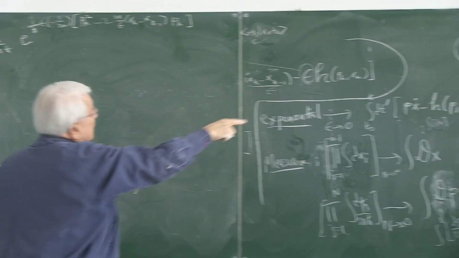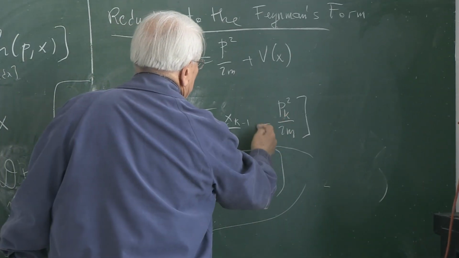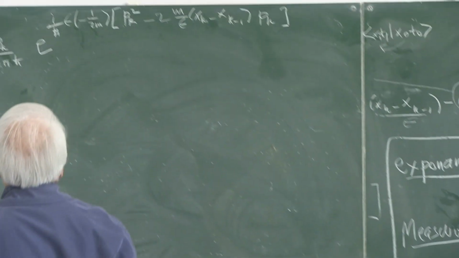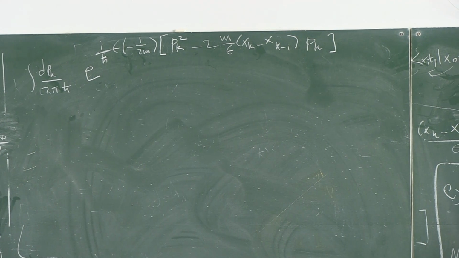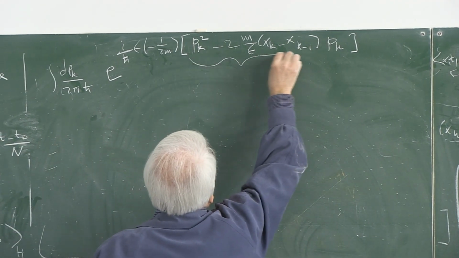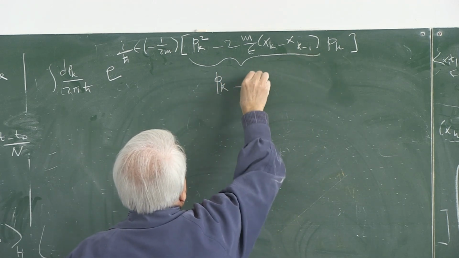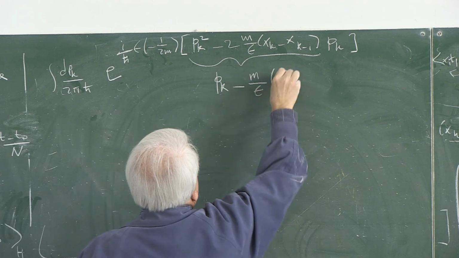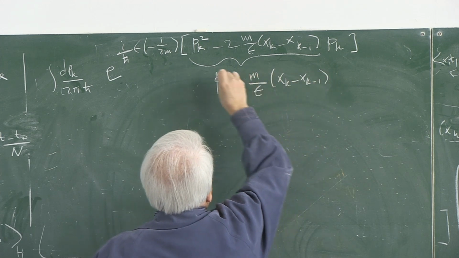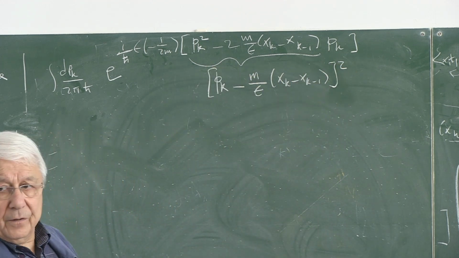I have rewritten it by moving this minus 1 over 2m to the left, leaving it in such a form which can be completed to a full square. How do I complete it to a full square? I can write it as pk minus m over epsilon xk minus 1 squared. Is it familiar?